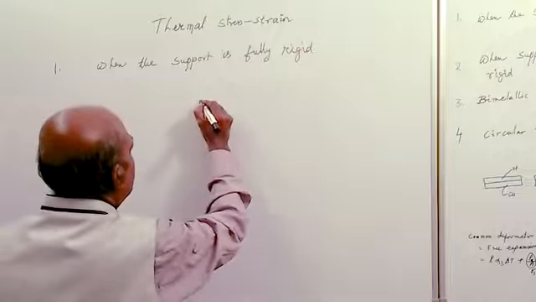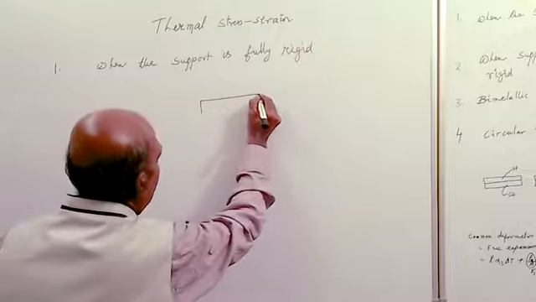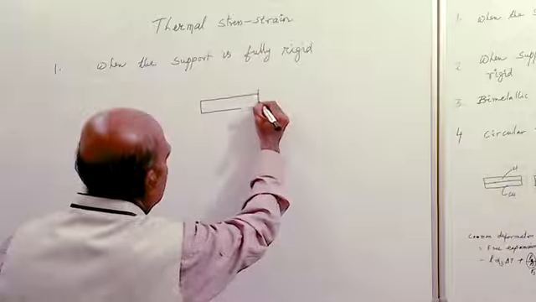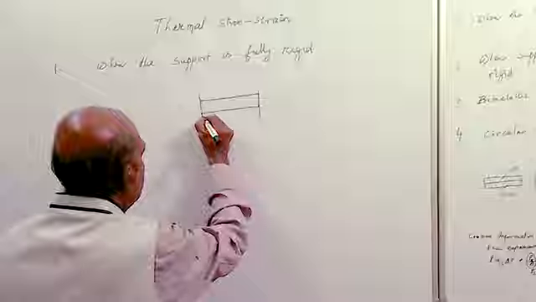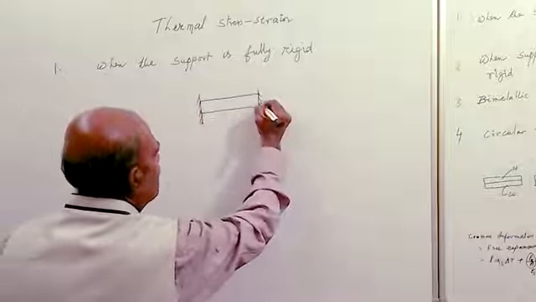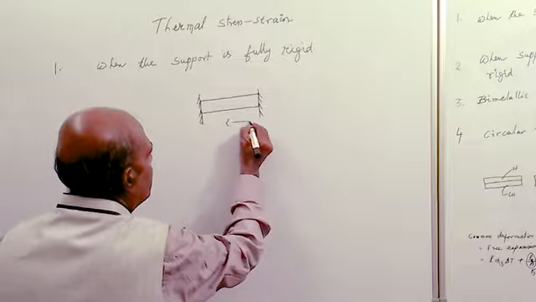Say this is the bar. The bar is supported between two end supports, and these supports are rigid. The original length of the bar is L.